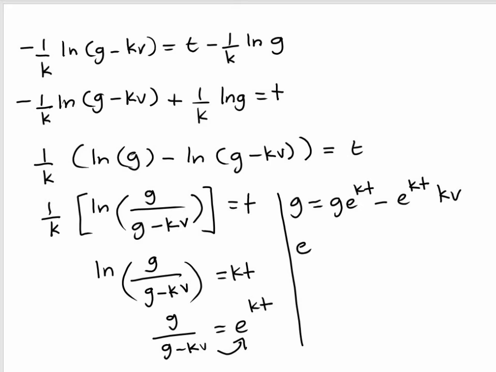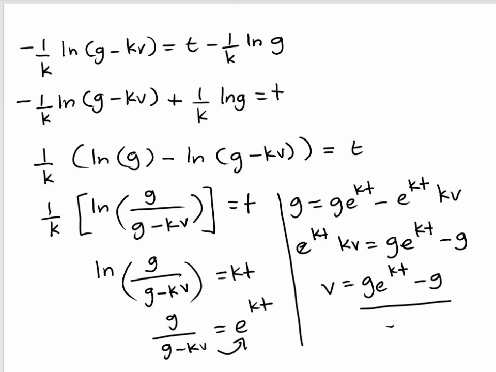So we have e^kt times kv equals g e^kt minus g. And then our v is g e^kt minus g divided by e^kt multiplied by k. We just want v on the left hand side, so we bring the others to the right hand side and factorize g.